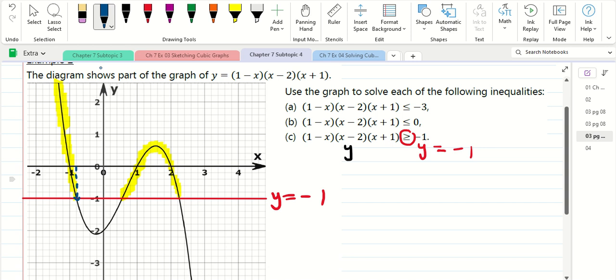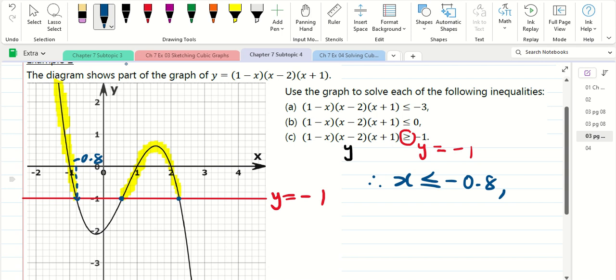This number is negative 0.8. So the first region, therefore, is going from negative 0.8 going to the left. So this is x less than or equal to negative 0.8.